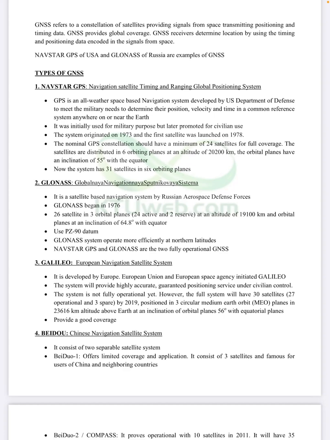The satellites are distributed in 6 orbital planes at an altitude of 20,200 kilometers. The orbital planes have an inclination of 55 degrees with the equator. These are the specifications by which each Navstar satellite rotates around the Earth. Now the system has 31 satellites in 6 orbital planes, so its accuracy is improved by providing more satellites around the Earth.